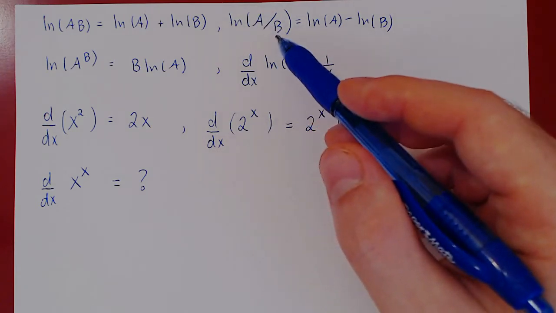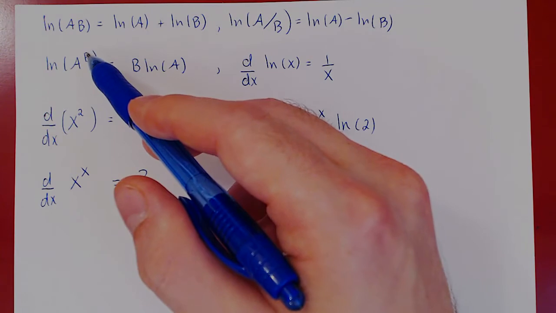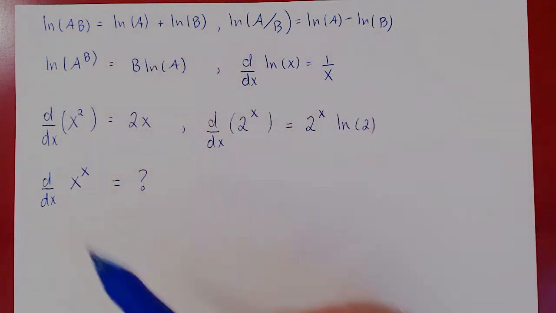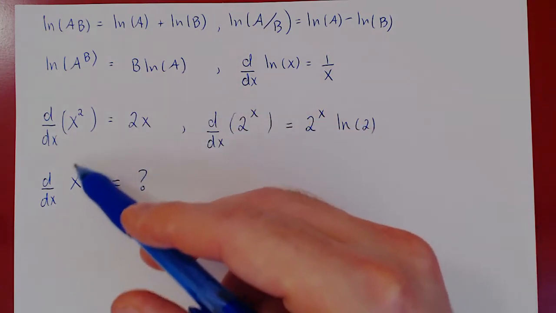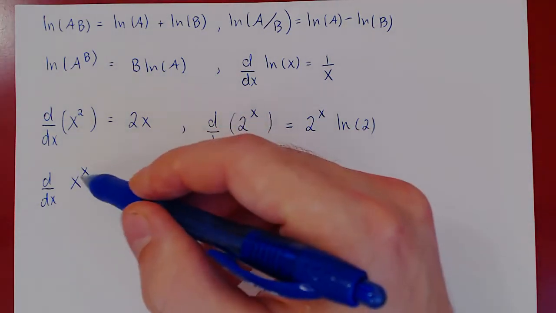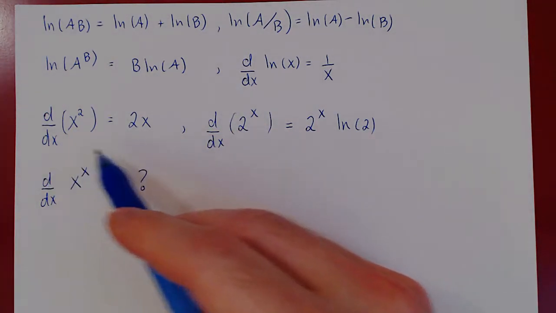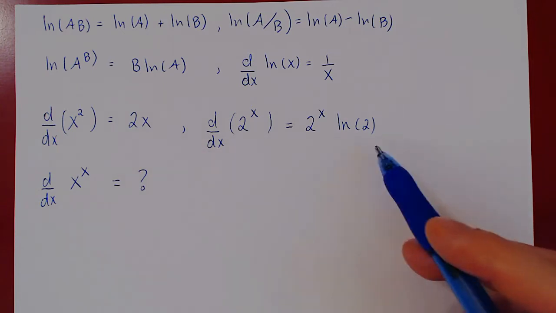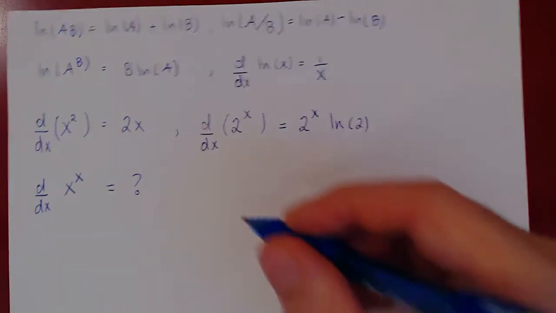Ln of a over b is the ln of a minus ln of b. And ln of a to the b is b ln of a. This third property is the one we'll take advantage of, because the problem here is the exponent is a variable, and directly we cannot use either the power rule or the rule for exponential functions. So let's see now what we can do.